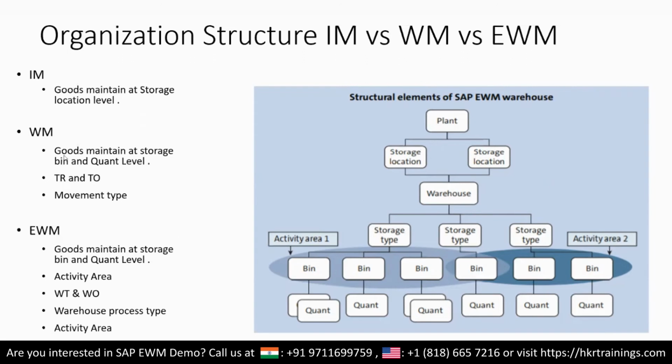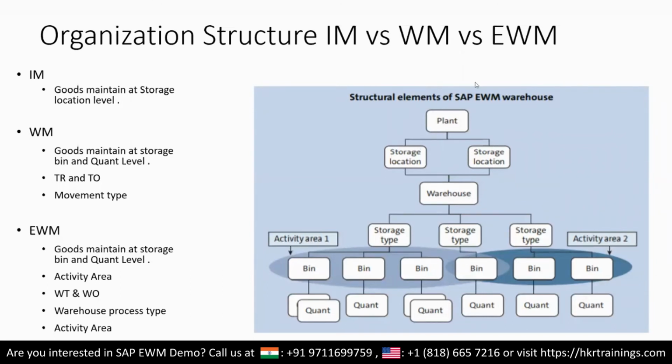In EWM, this TR and TO is basically replaced, and now we call it warehouse task and warehouse order. So warehouse task is whenever I want to move the material from one place to another, that is from one bin to another, from one section to another, from one storage type to another storage type, from one storage location to another storage location, from one plant to another plant.